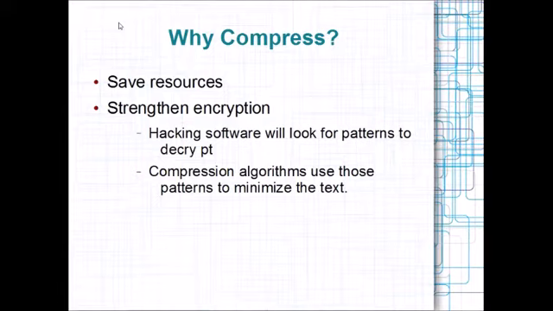When you compress something, the patterns disappear or are reduced, because the compression algorithms look for patterns as part of the compression. It makes it a lot harder for this hacking software to decrypt it.